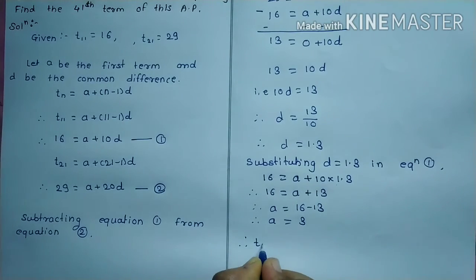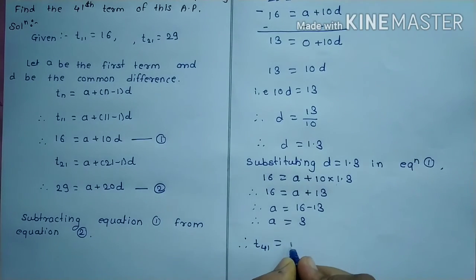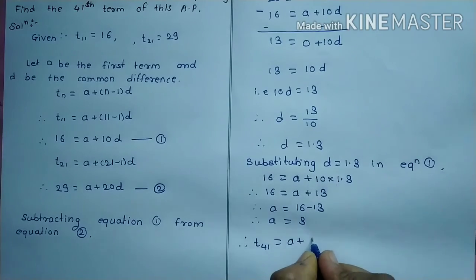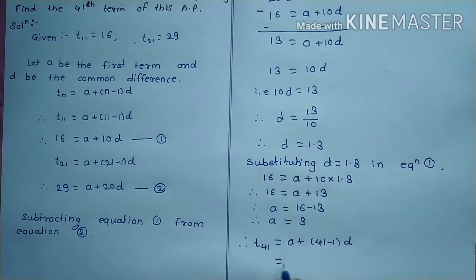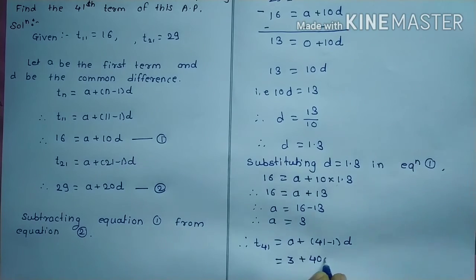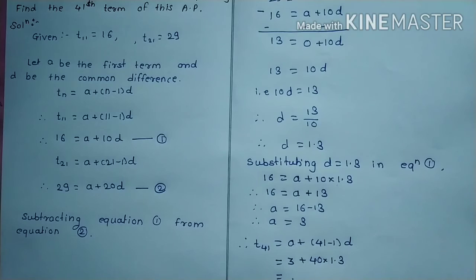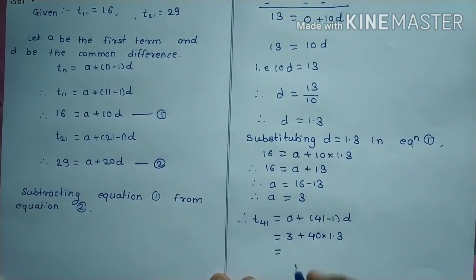Therefore T41 equal to A plus 41 minus 1 into D. Substituting values, A is 3 plus 41 minus 1 is 40 and D is 1.3, equal to 3 plus 40 into 1.3 is 52. 3 plus 52 is 55.